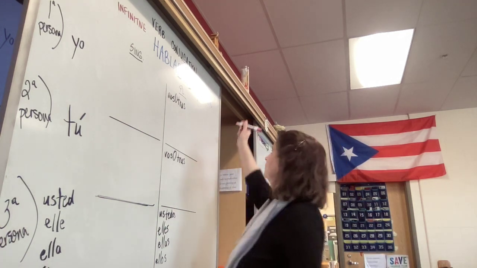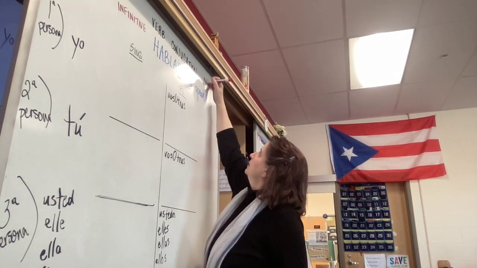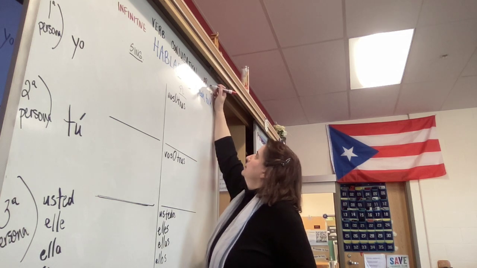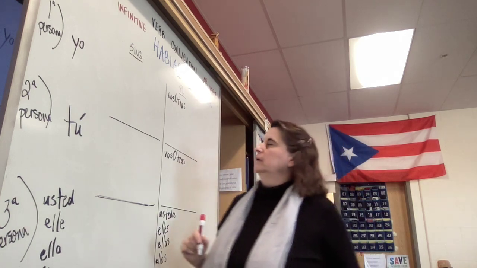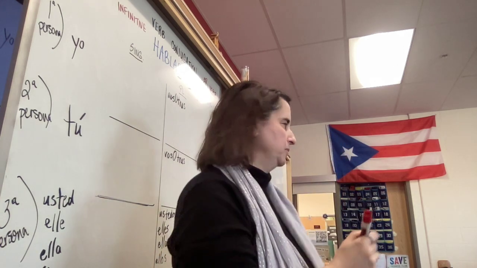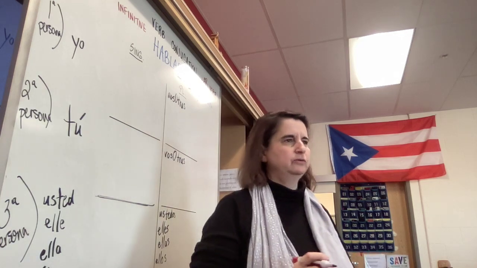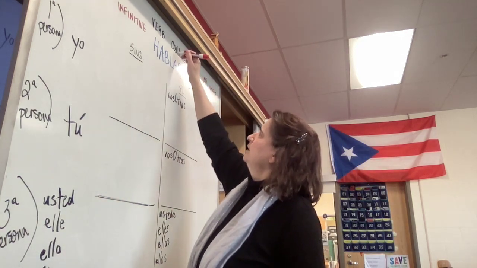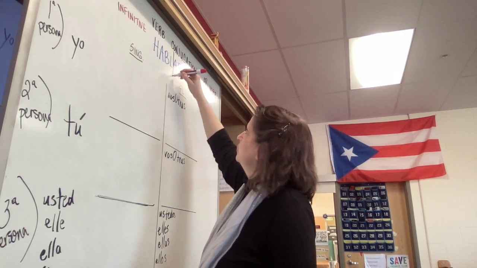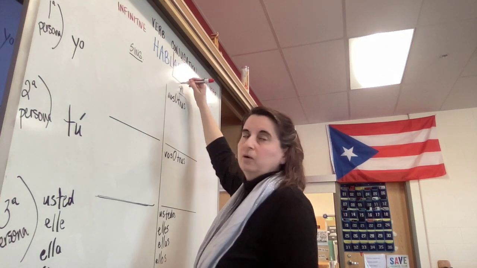This is an AR verb, so we're going to write that at the top to identify, because that's going to help us in a moment. We're going to need to refer to that. Okay, the first step you do before you write any more letters is you take the infinitive and you separate the ending. So I want you to draw this hook like so.